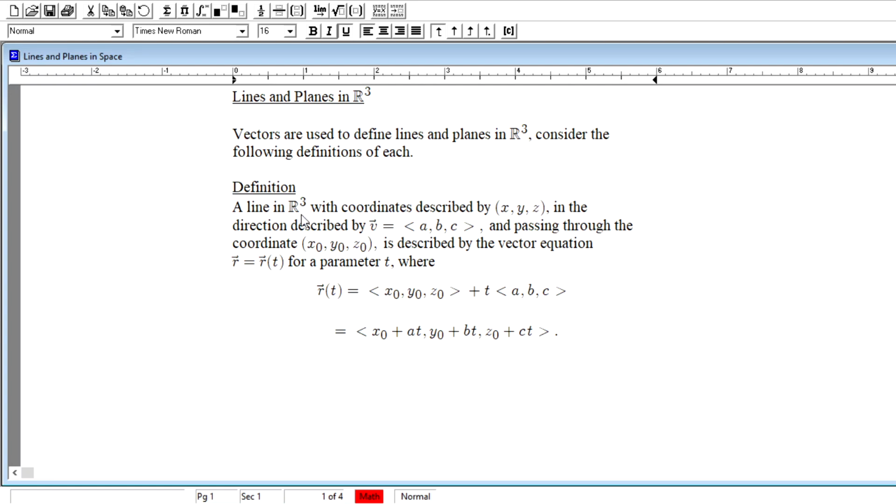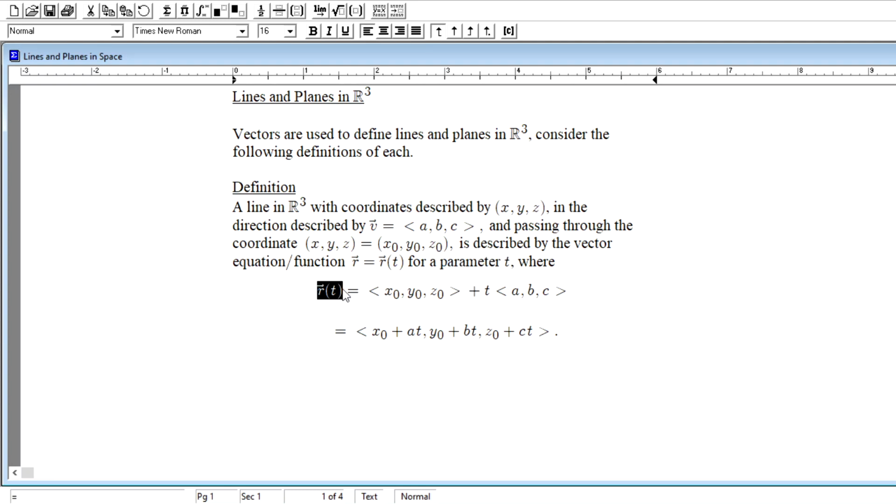By definition, a line in three-dimensional space, with coordinates described by the x, y, z coordinates in that space, in the direction, if that line is described by the direction vector v equal to <a, b, c>, and passes through a point (x null, y null, z null), is described by what we call a vector equation, or a vector function, r equal to r bar of t, for some parameter t.